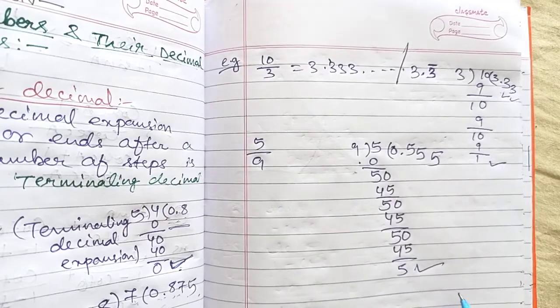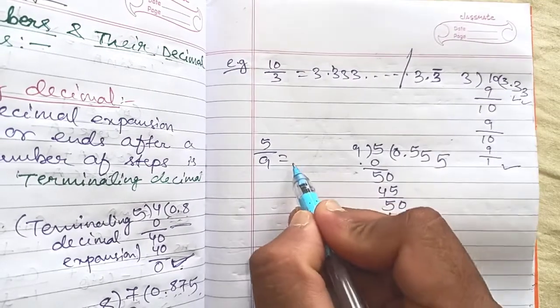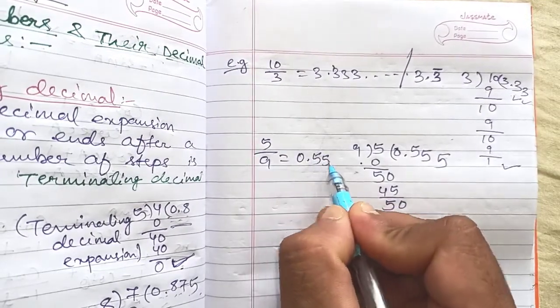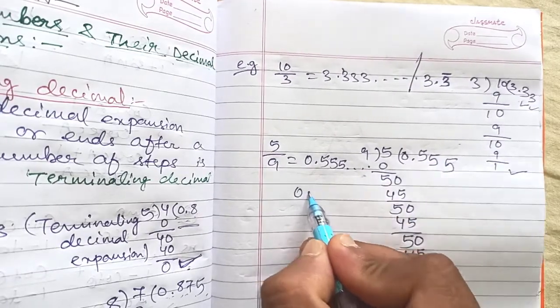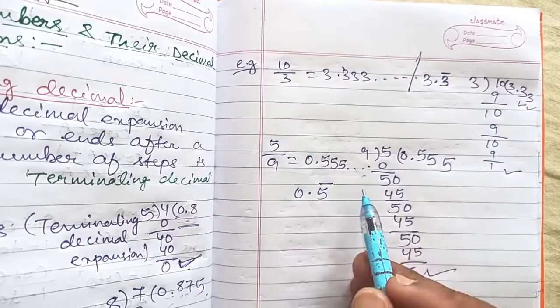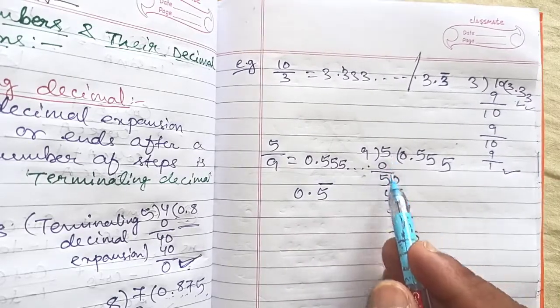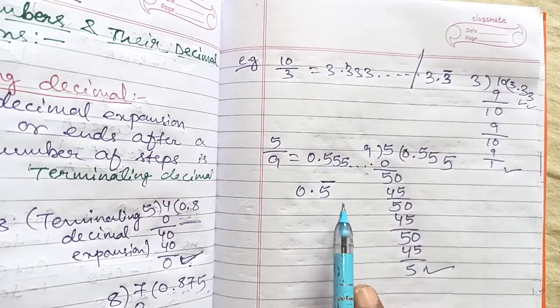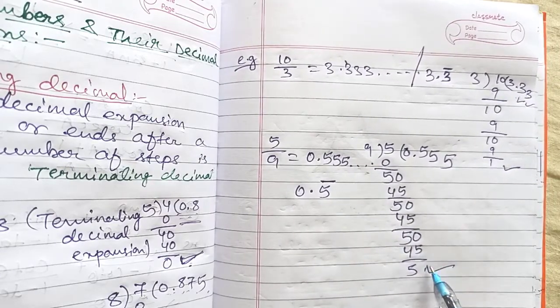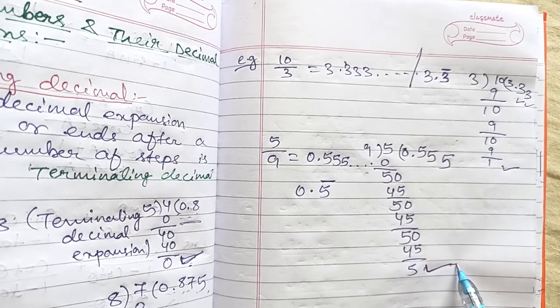That means the remainder is not becoming 0. So here we can write the answer as 0.5555 dotted, dotted meaning 5 continues, or we can write 0.5 bar. So these types of decimal expansions are called non-terminating decimal expansions, where the remainder does not become 0.